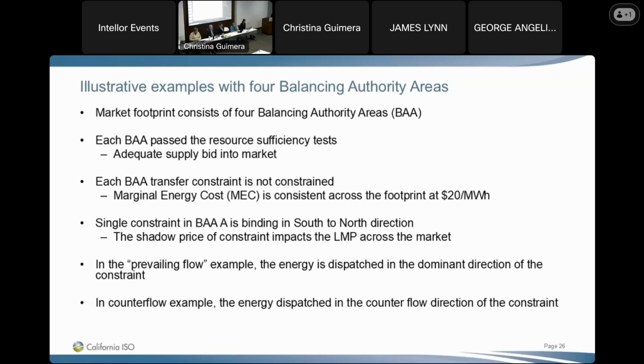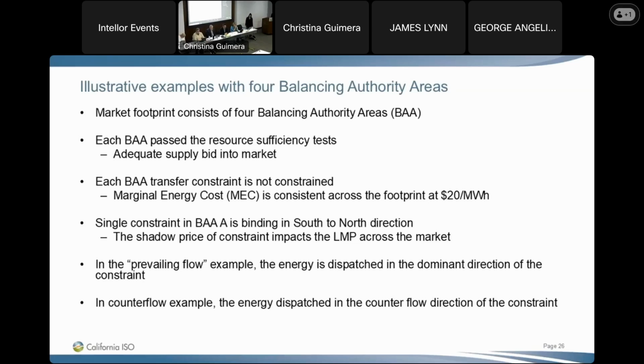We'll talk about that one if we can, but let's walk through the two examples of 4 BAAs, one with prevailing flow, one with a counterflow. Each BAA, as I said last time, passed their RC, and had enough supply to meet the demand. The BAA transfer constraints are not binding, so there is no transfer revenue. That means the marginal energy cost is going to be the same across the entire footprint.